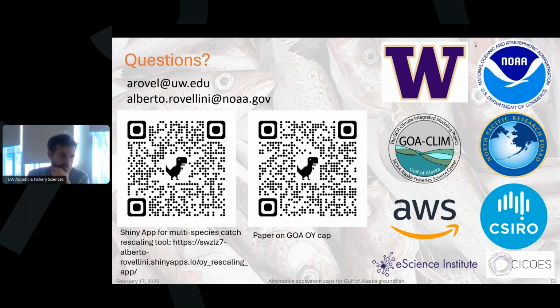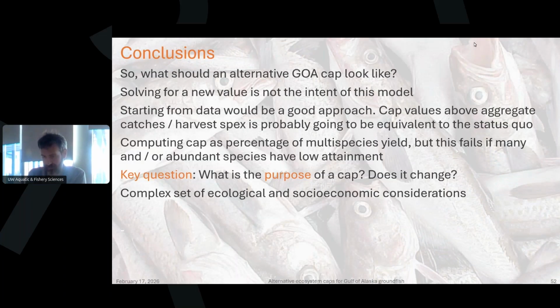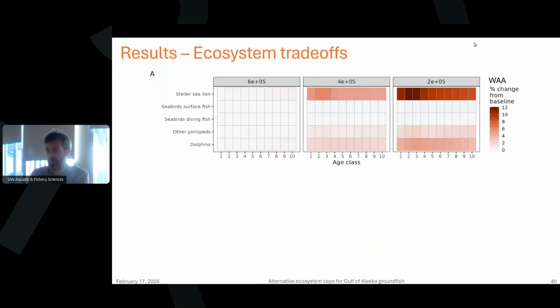Thank you. And if I can, just one more follow-up question, digging into those weighted age and numbers at age. You're comparing to baseline values, but what baseline is that? Is that the no climate, no cap scenarios, or is it a climate-paired baseline?